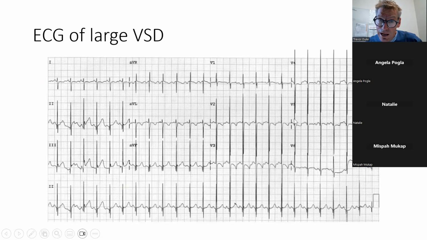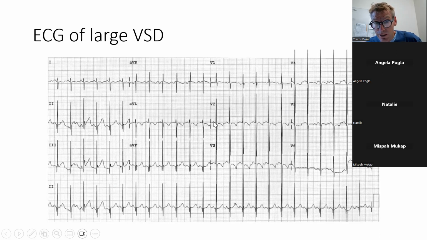So RV5 plus SV2, 5, 10, 15, 20, so 25 plus 20 is 45. So when you add those two together, 45 deflection of RV5 plus SV2 is likely to be evidence of left ventricular hypertrophy.